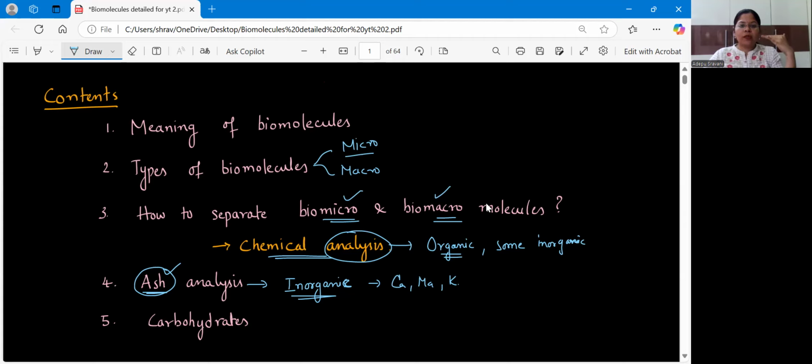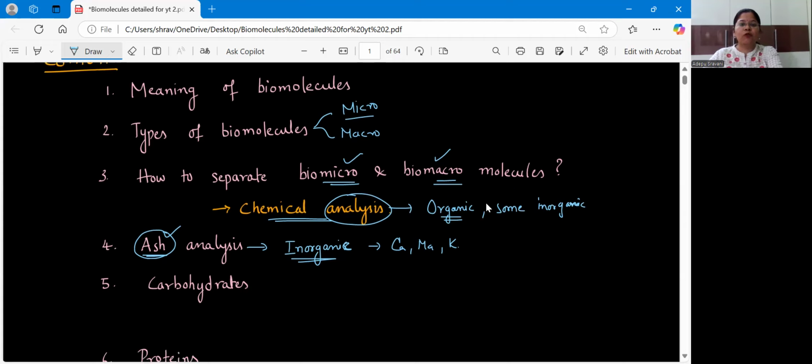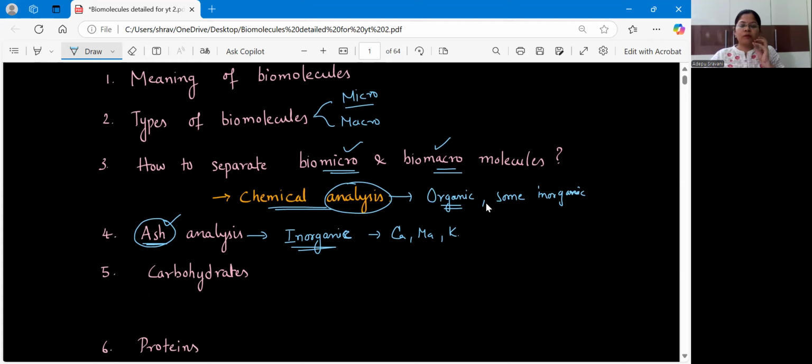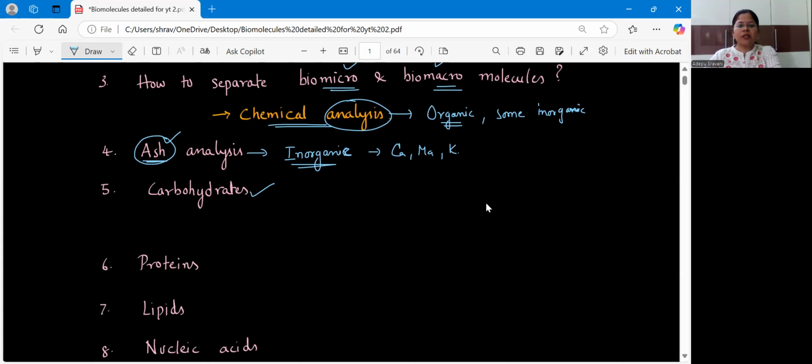Once we finish the introduction part of the chapter, then we'll go into the details of the 4 biomolecules which are given in your NCERT. The first one will be carbohydrates, which are otherwise called polysaccharides, or we can say the sugars.